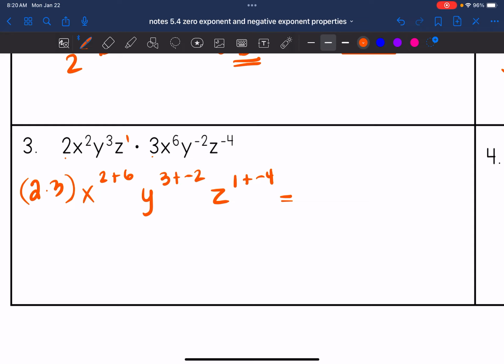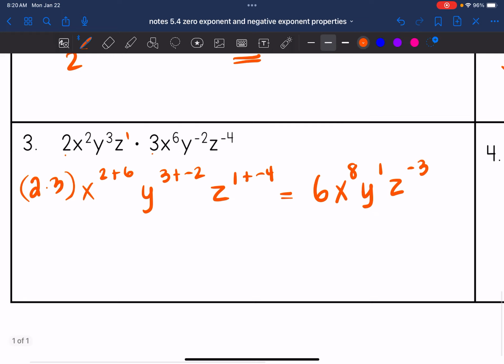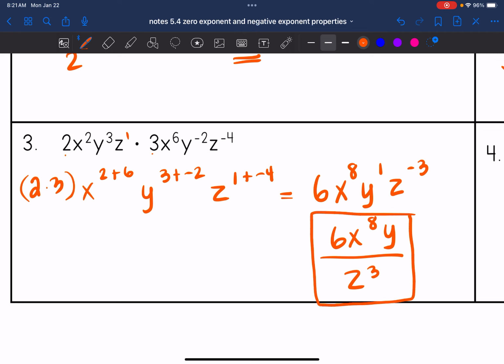So all of that comes out to 6, x to the 8, y to the 1, z to the negative 3. Okay, so a few things. If it's to the 1 power, we don't need to write that power anymore. But if it's a negative power, that moves to the denominator. So our real answer should be 6x to the 8y over z to the 3rd power. The one with the negative exponent goes to the bottom.